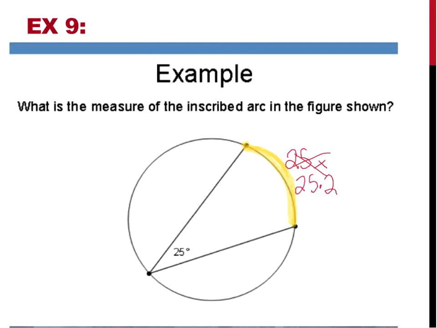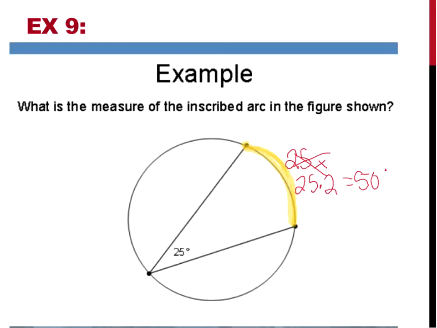It's actually 25 times 2. You just double it. So that would be 50. Good job. So if I give you the angle, the inscribed angle, what's the arc angle? Twice as much. 50. It gets doubled. Everybody okay with that?